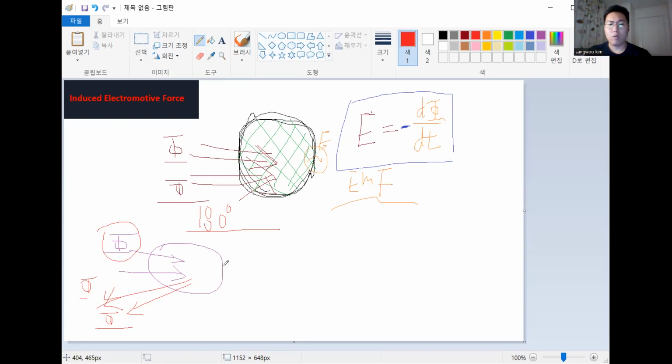Since it makes a plus, it also makes E. That's why he explained with the inertia concept. This is really important. That is the most important part, Lenz's law and Faraday's law.